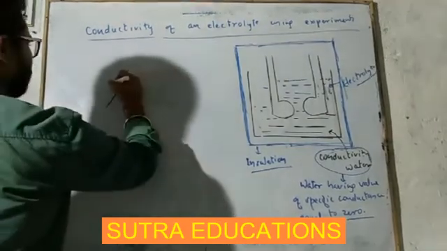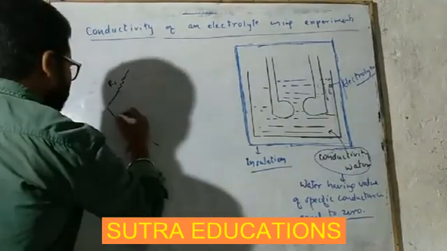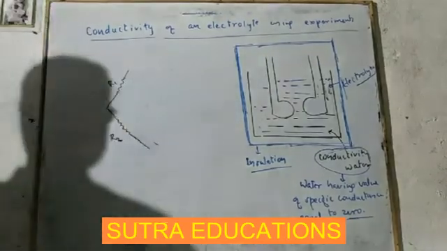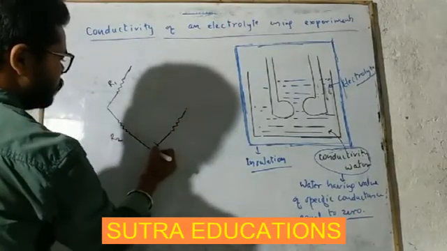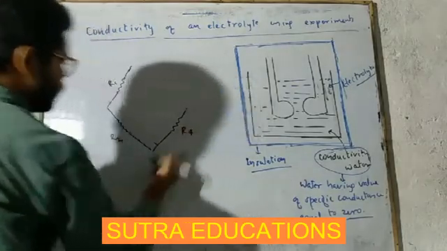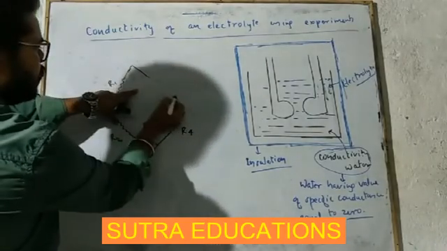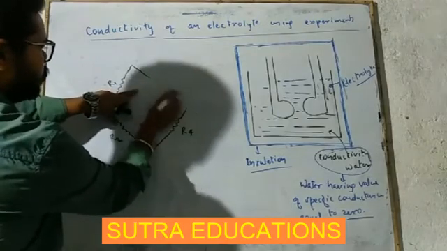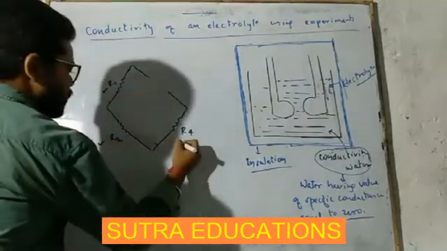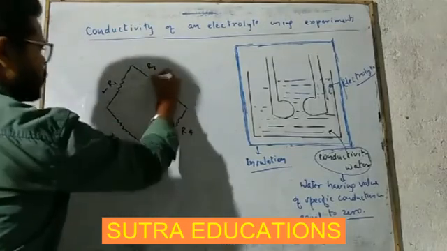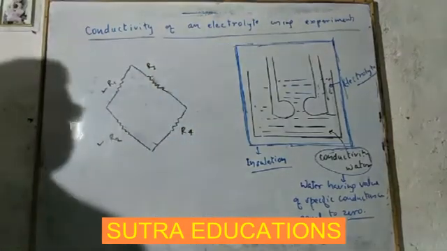Say this is resistance R1, this is resistance R2, this is resistance R3, and this one is resistance R4.